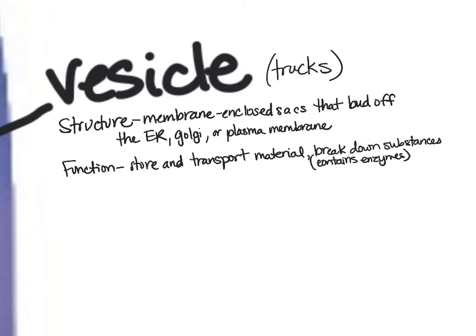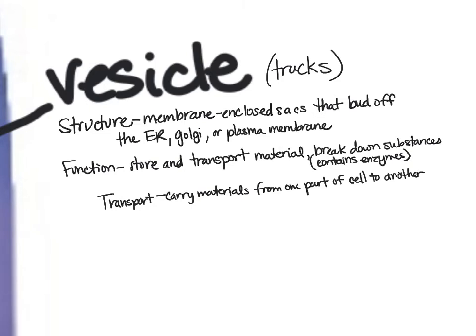So we have different types of vesicles. We have our transport vesicles, and those are the ones that are carrying materials from one part of the cell to another. So whether it's coming from the rough ER and bringing it to the Golgi, and then the Golgi to the edge of the cell, the plasma membrane, for release, it's a transport vesicle that's moving it from one place to another.